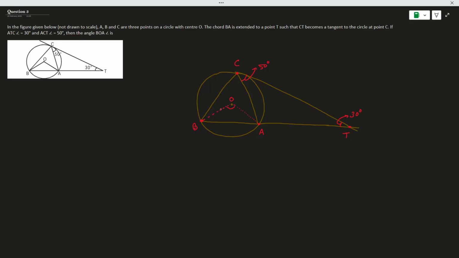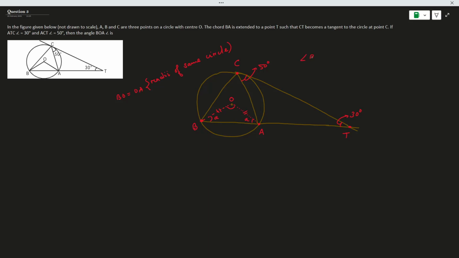Now, see, BO equal to OA. Why? Both are radii of same circle, right? That means this side and this side are equal, so angles opposite to equal sides are also equal. So this angle is suppose alpha, this angle will also become alpha.